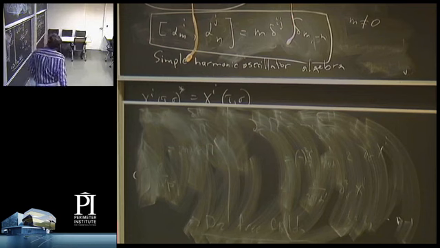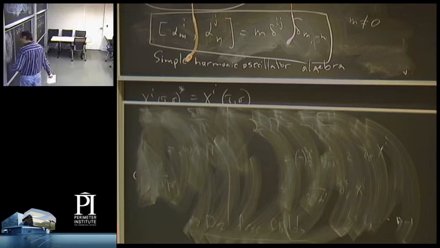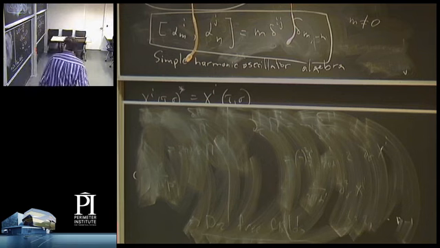If you look at this algebra, the first commutation relation is very familiar, it's the center of mass motion. And this one should remind us of the simple harmonic oscillator algebra.